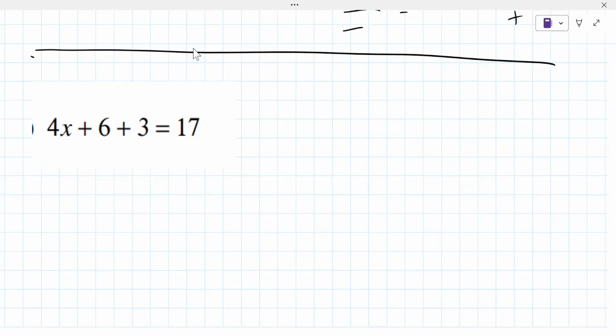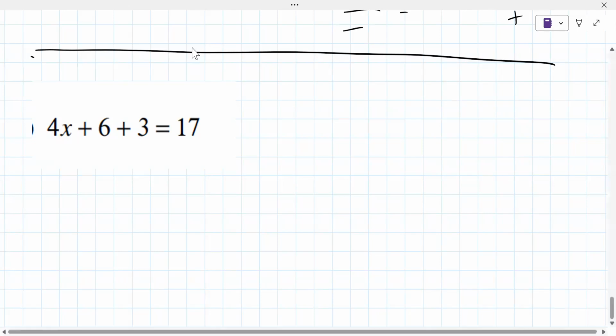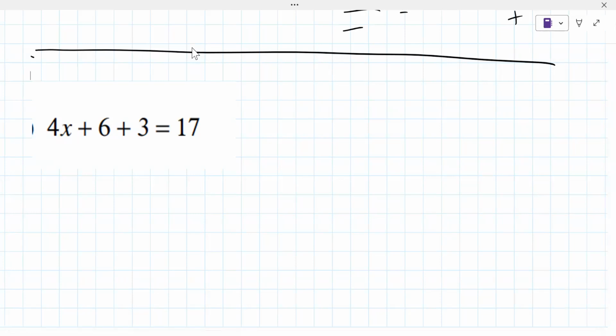So 4x plus 6 equals 17. So 6, 7, 8, 9. So 4x plus 9 equals 17.